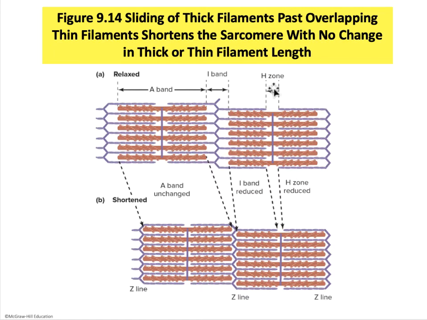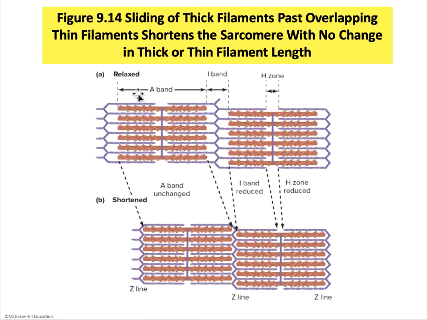The H zone corresponds to just the region of the sarcomere in the middle, which is composed of myosin, not including the actin. The I band does the same thing about the Z line, so just the actin at the location of the Z line. The A band, however, corresponds to the distance that the myosin occupies, as well as its overlap with actin.